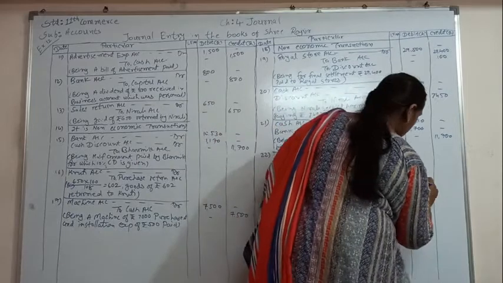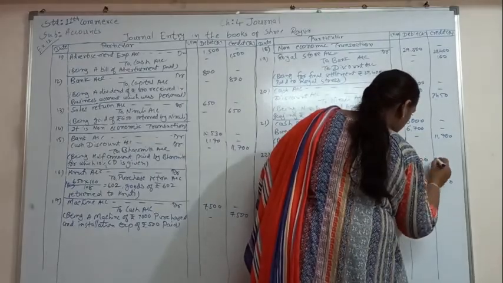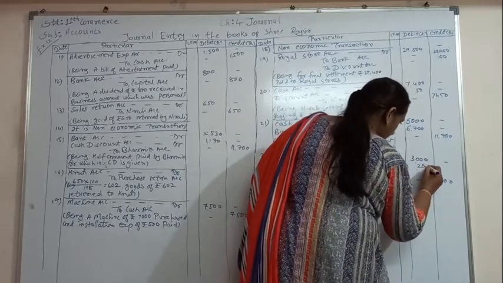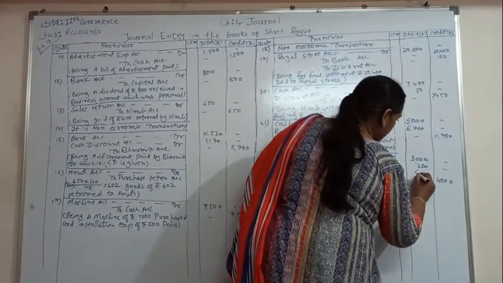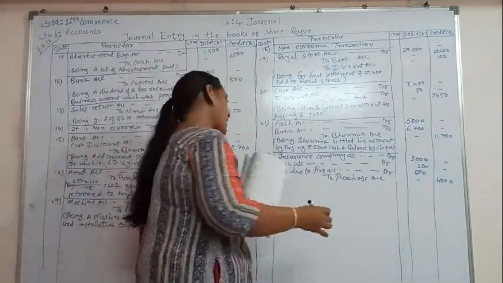Here we have lost the goods of rupees 4,000. The insurance company is paying us 3,000. 200 we have realized. So the balancing 800, that is our loss and that is loss due to fire.